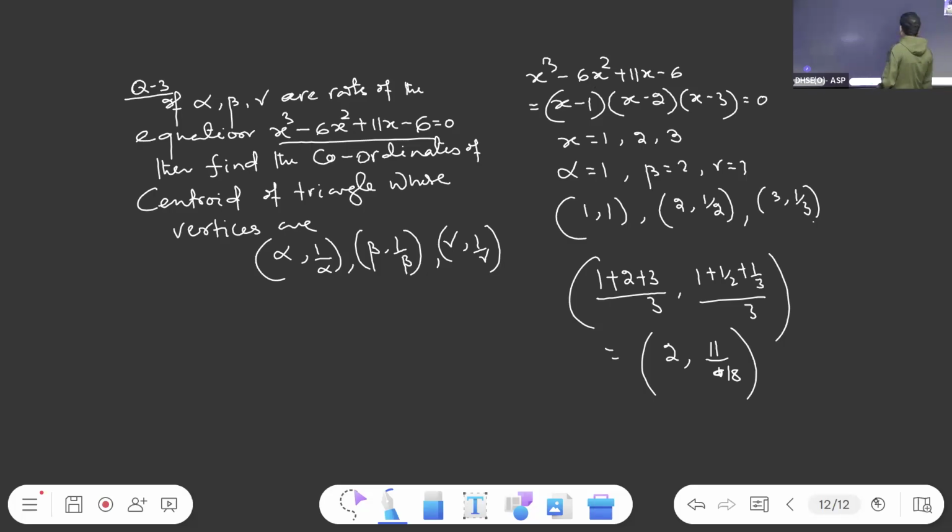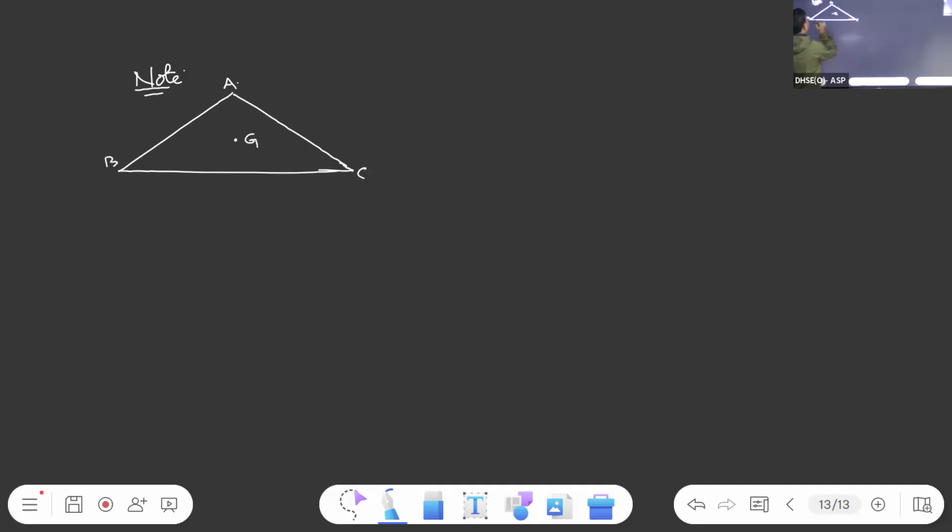So write down a note point. This is the triangle ABC, and G be the centroid of the triangle ABC.